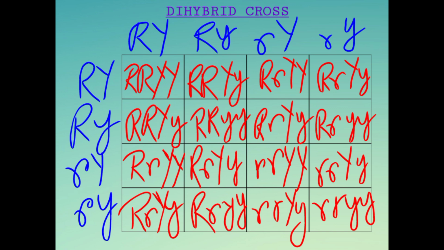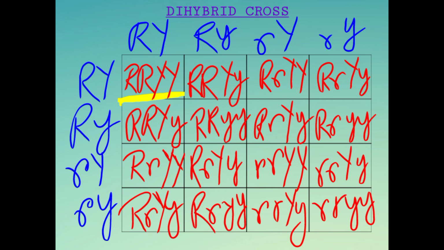Okay, now one more thing I would like to say, please listen very carefully: whenever there is capital R and capital Y in any of the boxes, it will be giving you round and yellow.